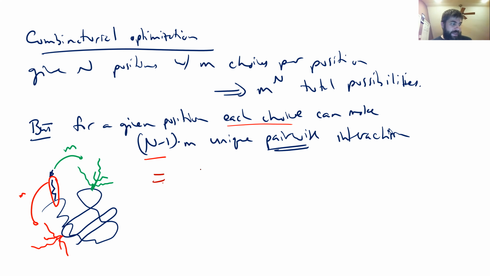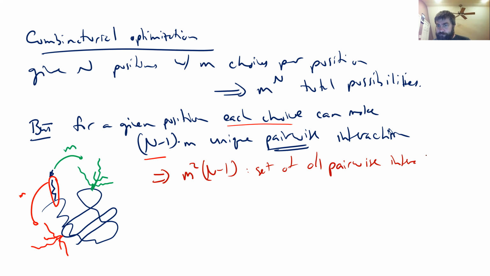Well, we end up with m squared times n-1 as the set of all pairwise interactions involving any choice at one given position.